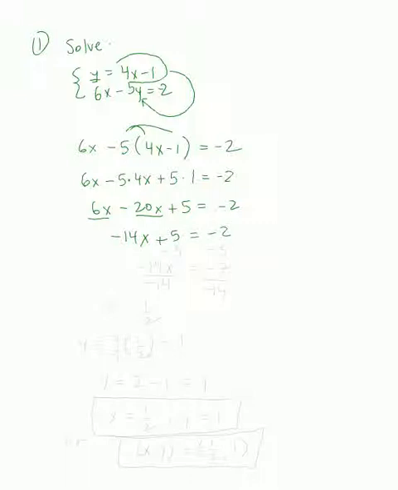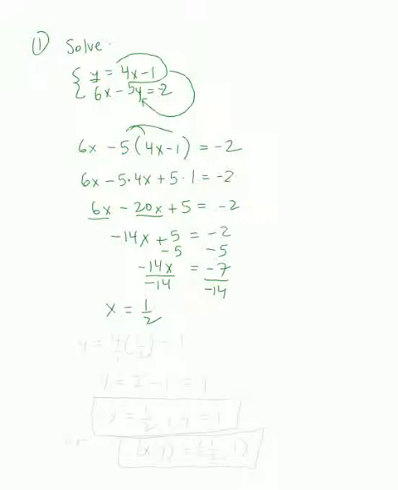Now I solve for the variable that's left, so I subtract 5. I get negative 14x equals negative 7. Divide both sides by negative 14. I end up with x equals 1/2. So what do I do once I get my answer?